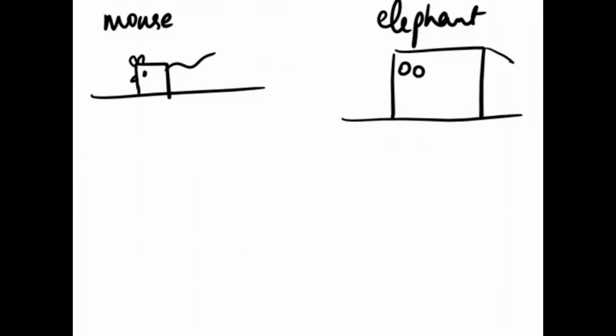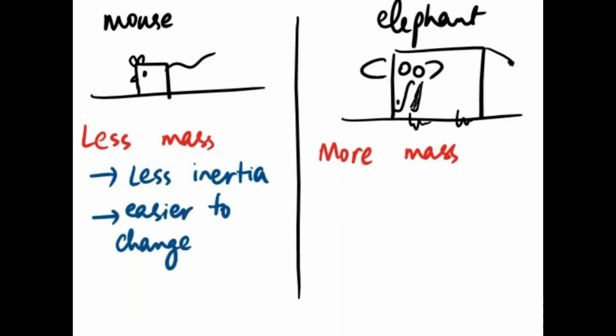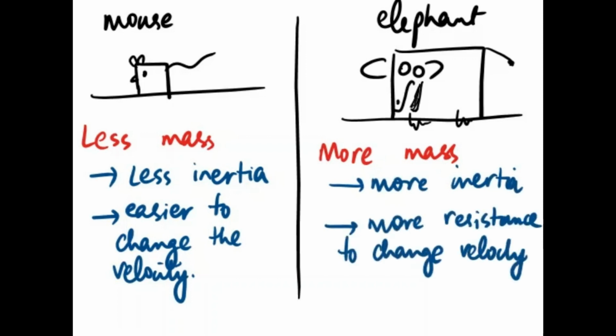Now we know that the mouse has less mass and the elephant has more mass, which means that the mouse has less inertia and it is easier to change its velocity. Whereas the elephant has more mass, which means more inertia, and it will require more force to change its velocity.